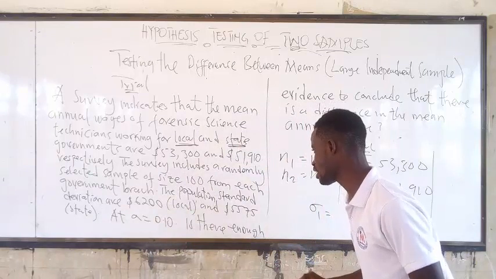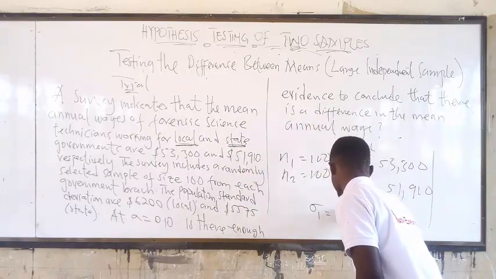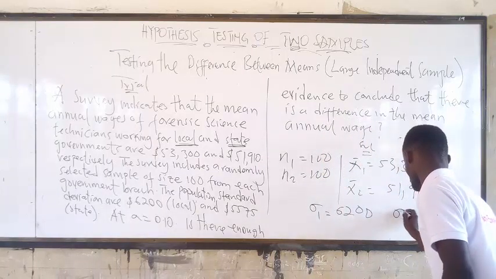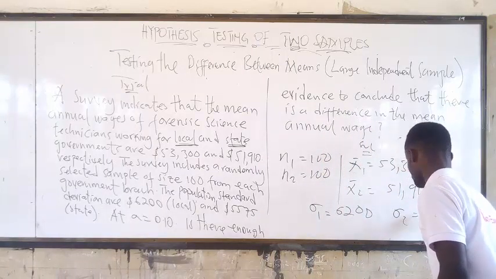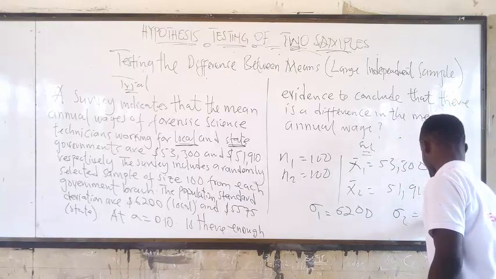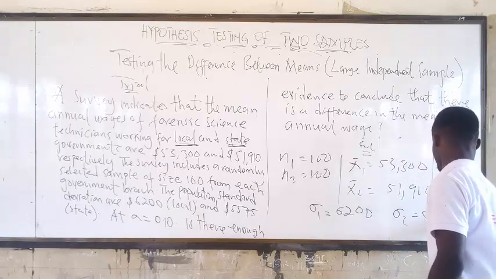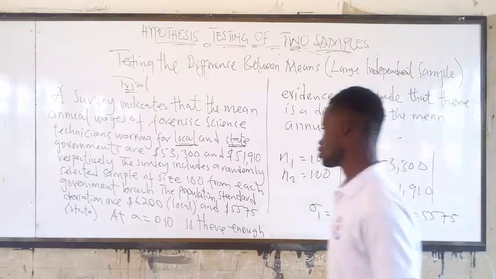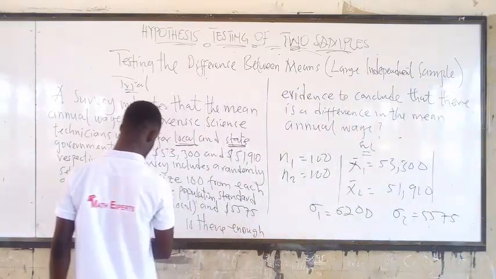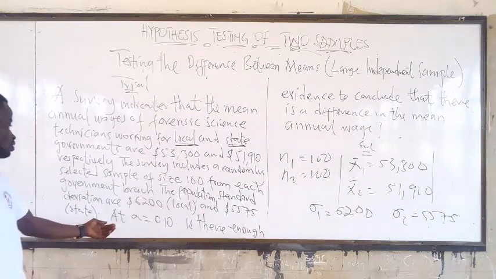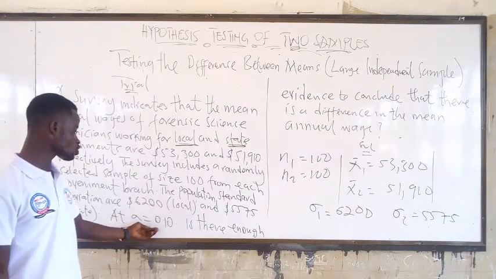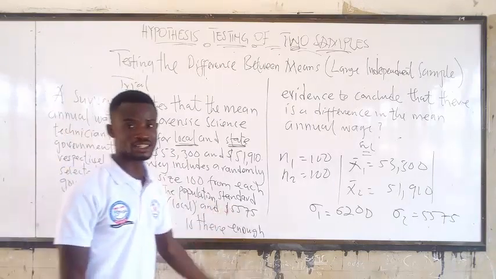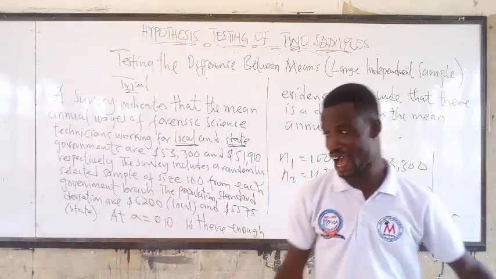The first one is for the local, then the second one, 5,575. Alright, so that's going to be that. At alpha equal to 0.10. So that's your alpha, use it to go by.